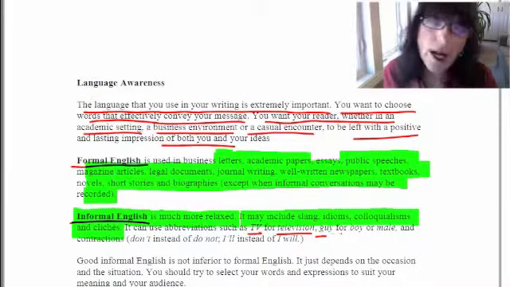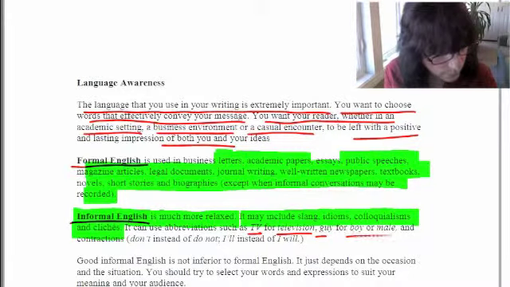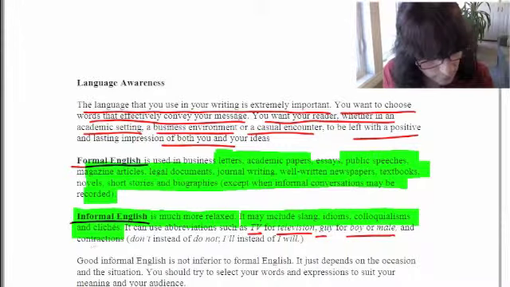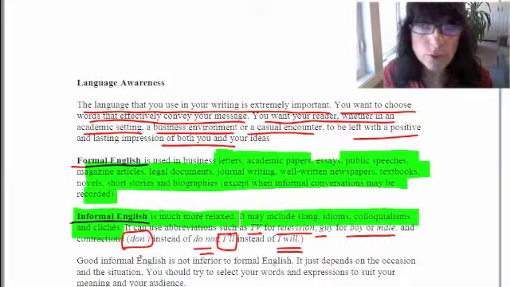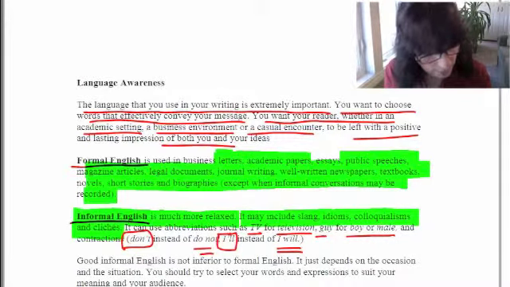You'd say the word guy, I met a guy last week, when you mean boy or male. And also informal English uses contractions like don't or I'll instead of saying do not and I will. So in formal English, you don't use contractions. In formal English, you would say do not or I will.